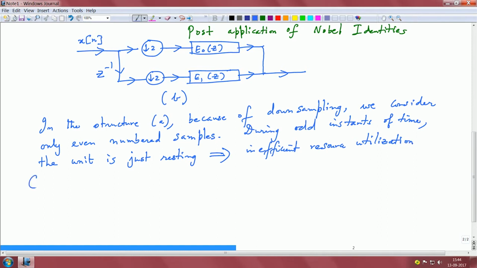So now we consider structure B, right, which is this structure.